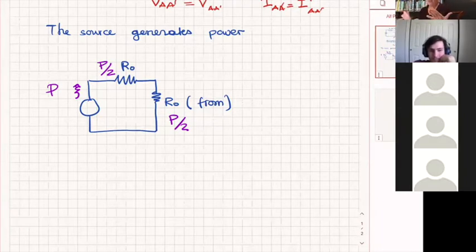Which ones? Inductor or capacitor? There is no other circuit element. If you don't have an inductor, if you don't have a capacitor, there is no storage. There is no energy. It's only real power that is dissipated in the resistor. Okay, so half of the power from the source goes into the transmission line.